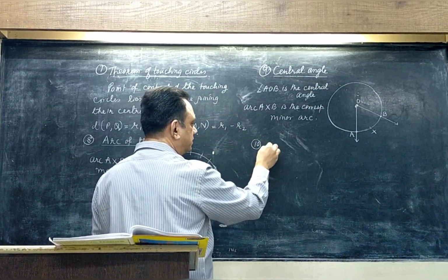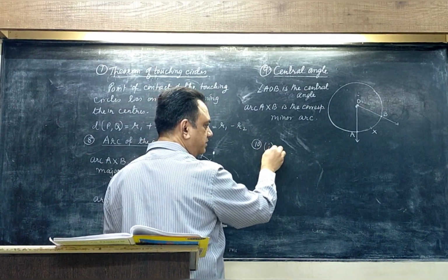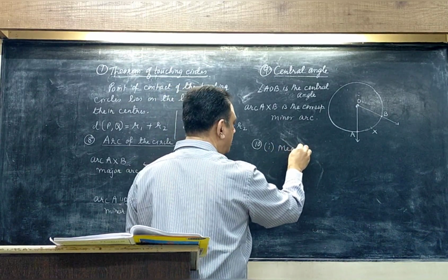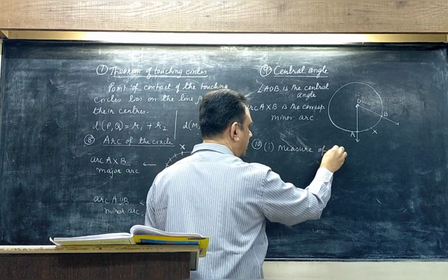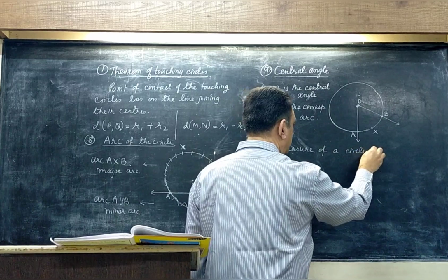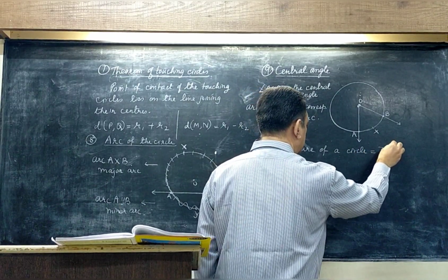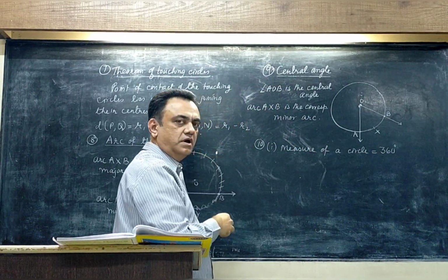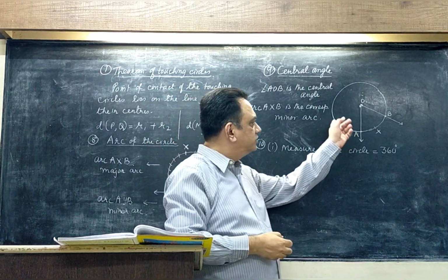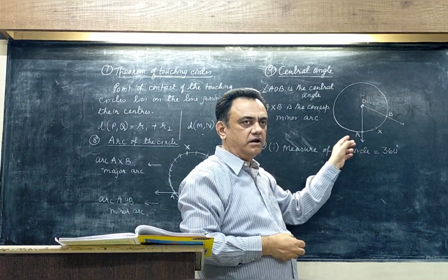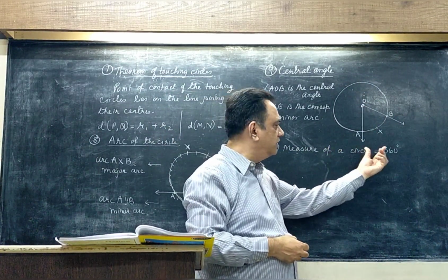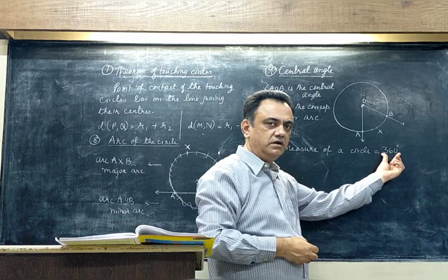10th point. In that first, measure of a circle is equal to 360 degrees. If we take the measure of the entire circle, its measure is 360 degrees.